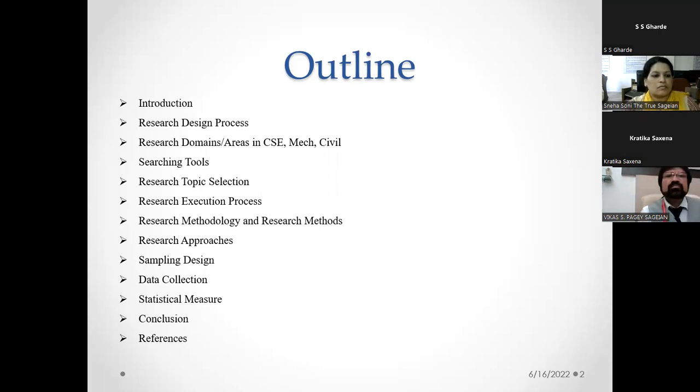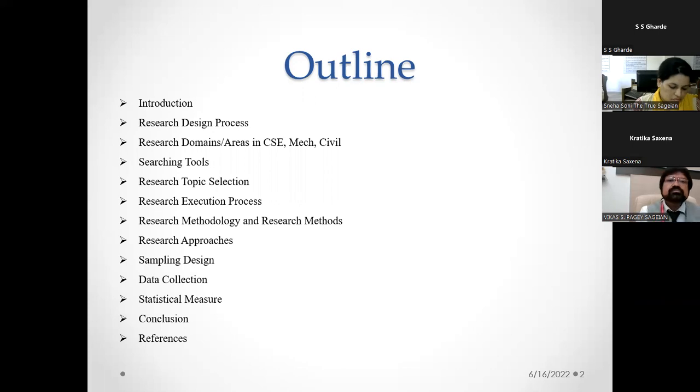Okay, so in that correlation, we will discuss all these points: introduction, research design process, research domains, that means different areas in CSE, mechanical and civil engineering. We will discuss different searching tools and the research topic selection process. Then there is a slight difference between research methodology and research methods.